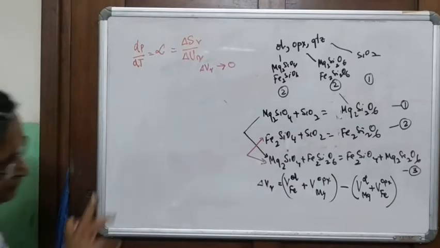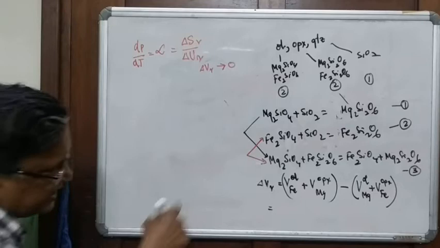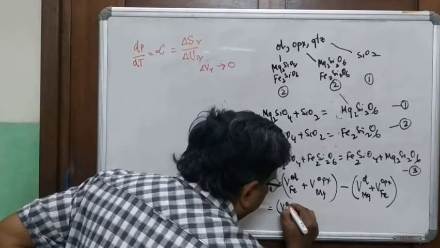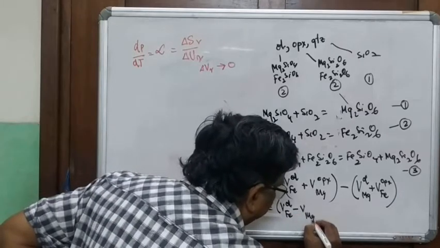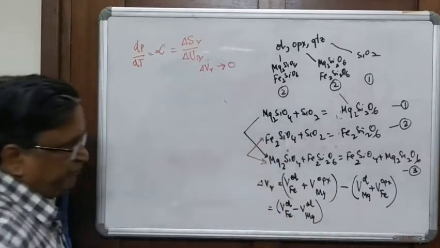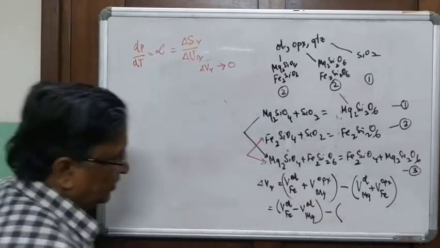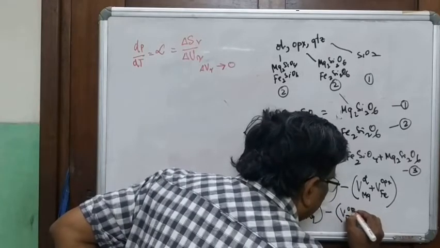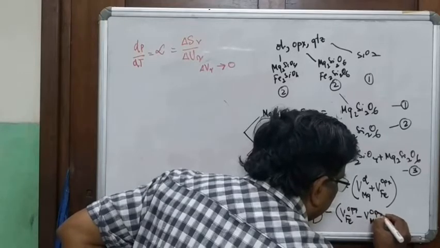Right? Now you see here, this can be written as V Fe olivine minus V Mg olivine, minus V Fe OPX minus V Mg OPX.